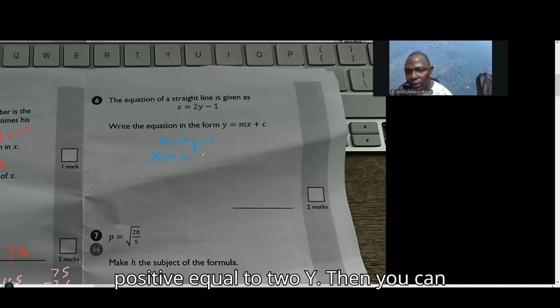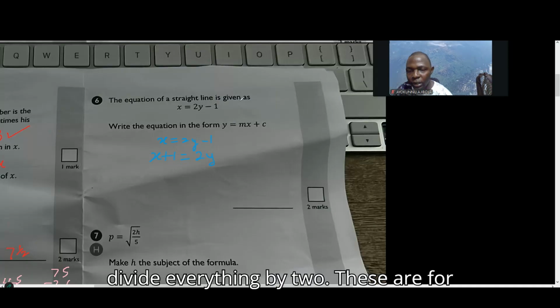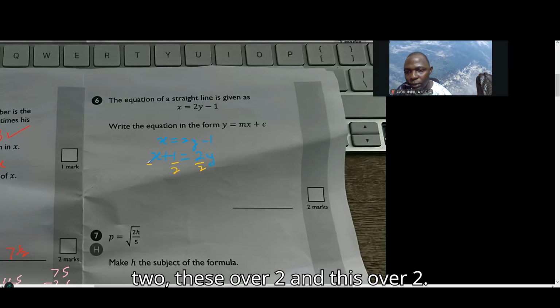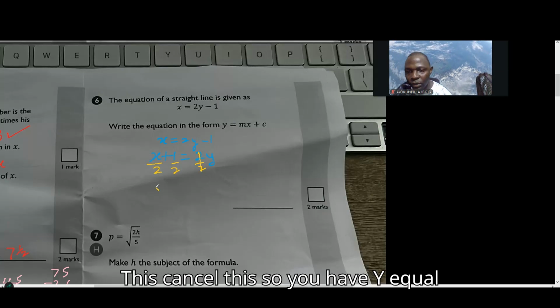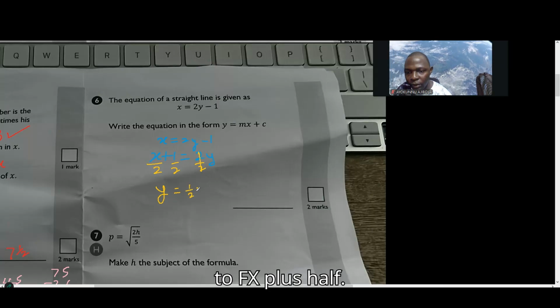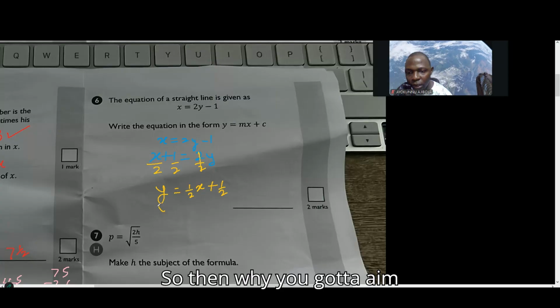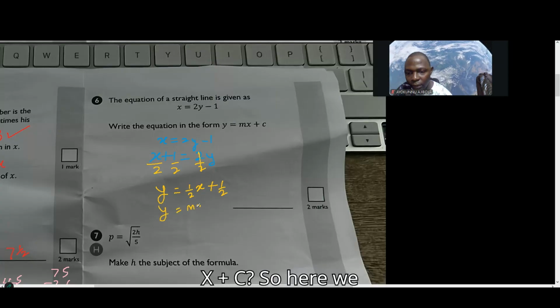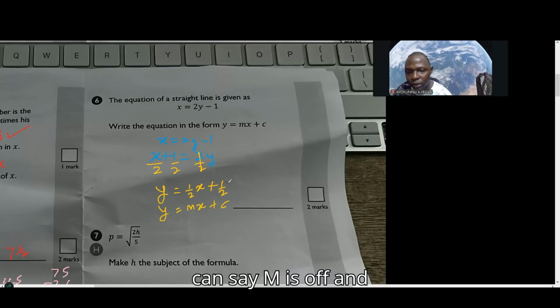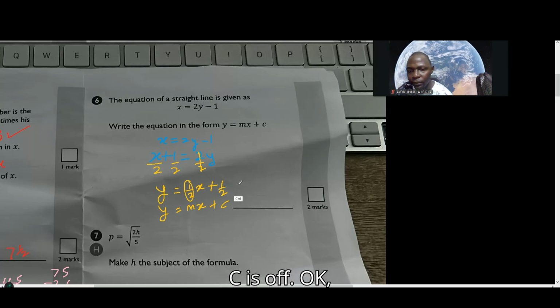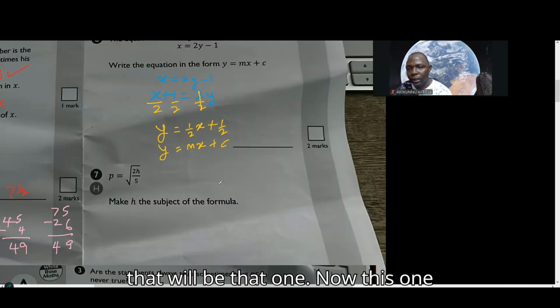Now it's positive, equal to 2y. Then you can divide everything by 2. This over 2, this over 2, and this over 2. This cancels this. So you have y equal to half x plus half. So then y equal to mx plus c. So here we can say m is half and c is half. Okay, that will be that one.